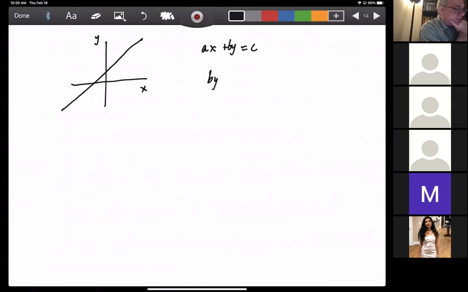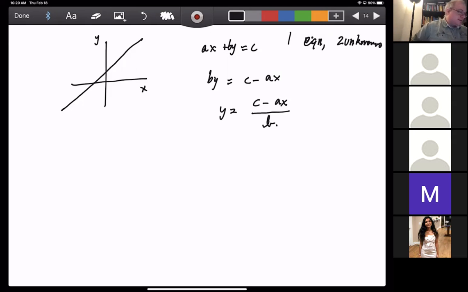So this is one equation and two unknowns, so this is underdetermined. And as long as, let's say, B is not equal to 0, whatever X I want to put in there, I can work out a Y. I've got infinitely many points on the line that work as solutions.